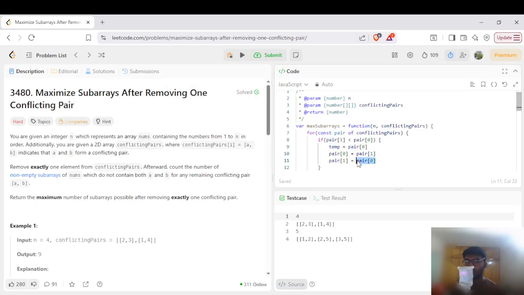Okay, this should solve our problem. Let me try submitting and let's see if this solution works.